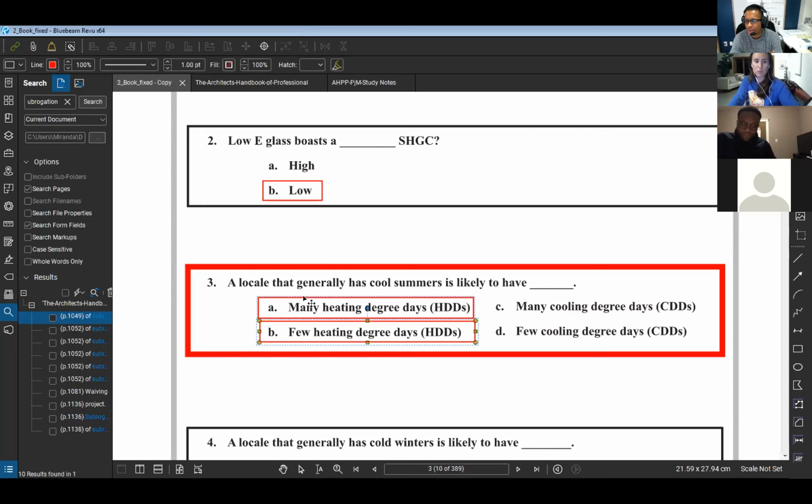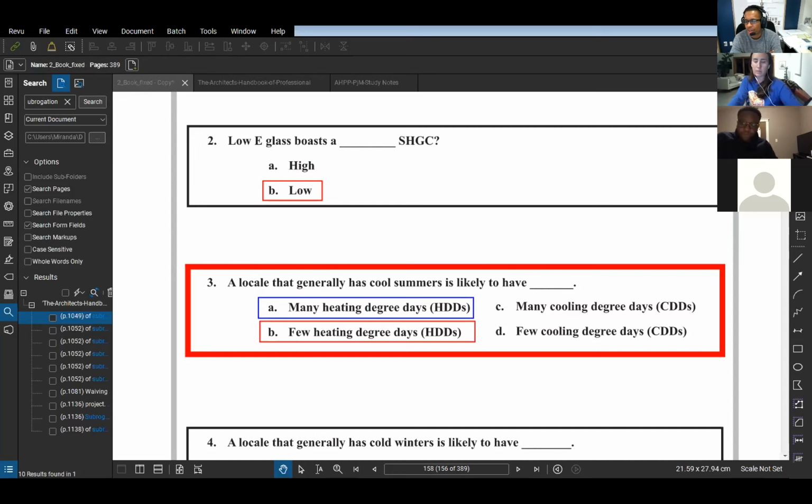These are terms that you kind of have to think about. I don't understand them 100% myself, honestly. But the point is that if this place is cold in the summer when it's supposed to be hot everywhere else, then it's always cold. So you're going to need to spend a lot of money on heating it, so you're going to have a lot of heating degree days. That's my rationale.